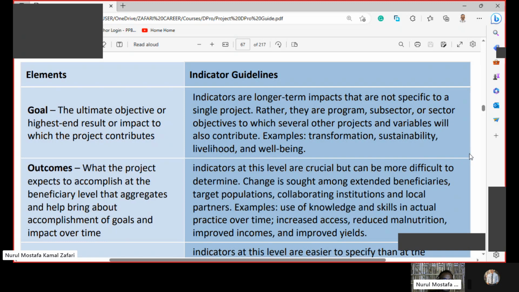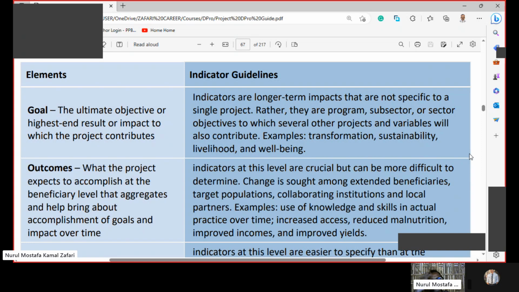Outcomes. Outcomes are the project expectation, and it wants to accomplish at the beneficiary level, and it aggregates and helps bring about accomplishment of goals and impact over time.